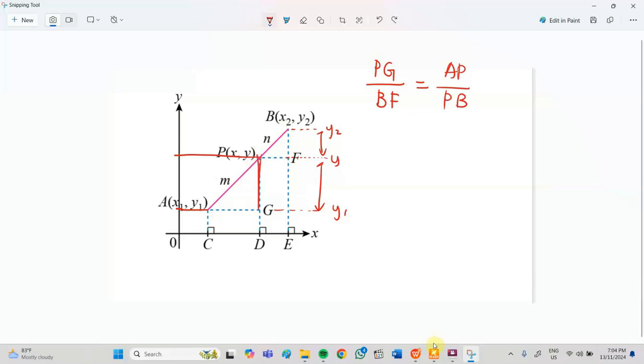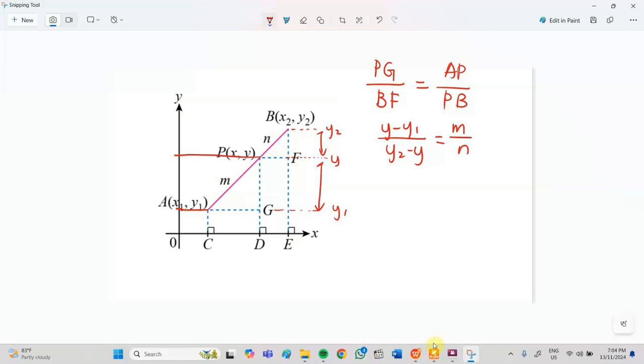PG can be found by taking y minus y1, whereas for BF, the height can be found by using y2 minus y to find the difference. And AP over PB is the same as the ratio m to n, hence m over n.